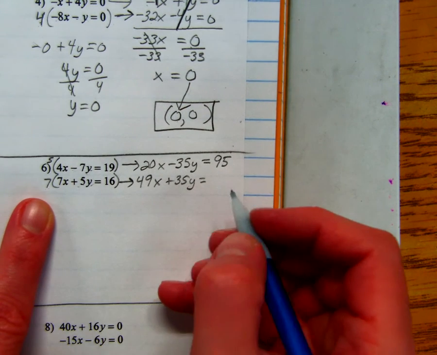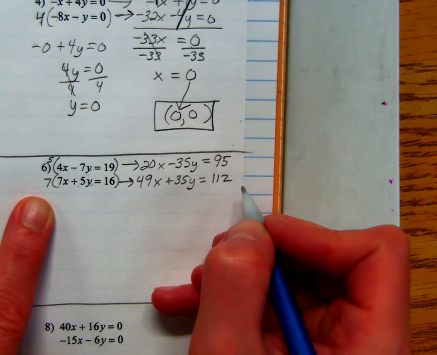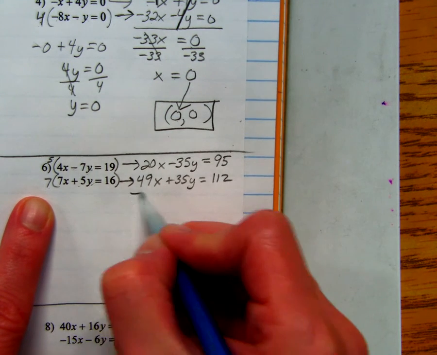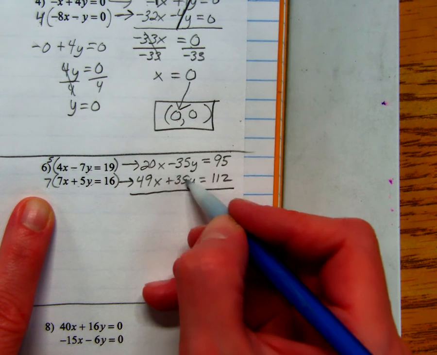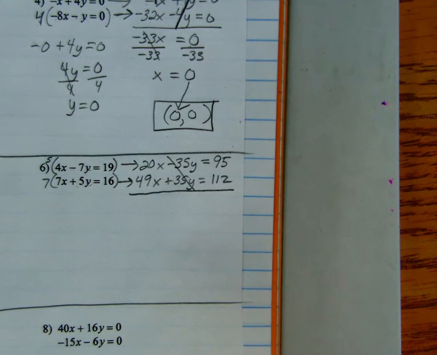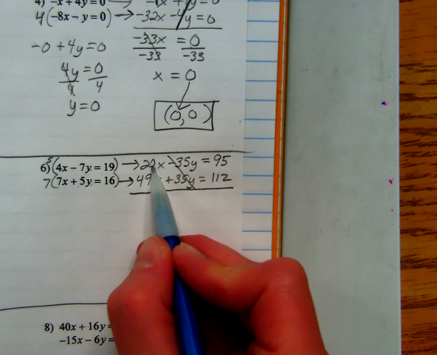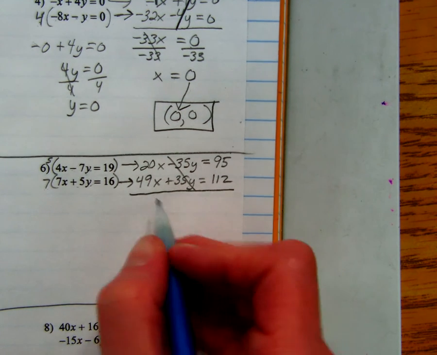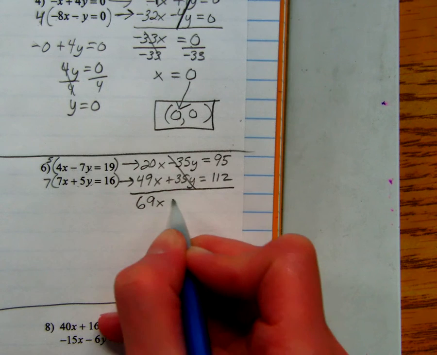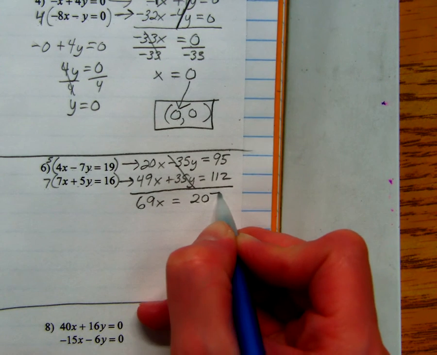And 7 times 16 is 112. So it looks like, if we did all of our math right, that we now have opposites for the y's that we can cancel out. And then after this, everything's just the same as what we've been doing. So we've got to add the 20 and the 49 together. So 69x equals 207.